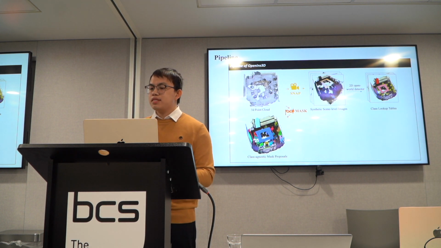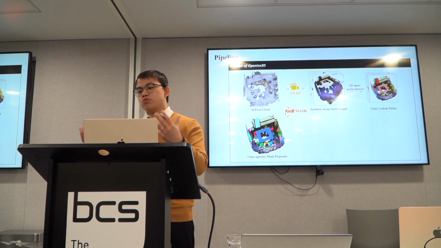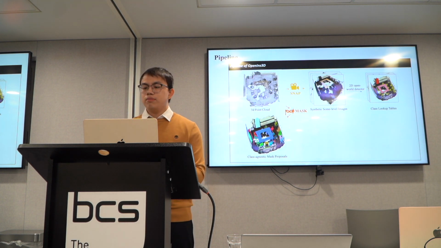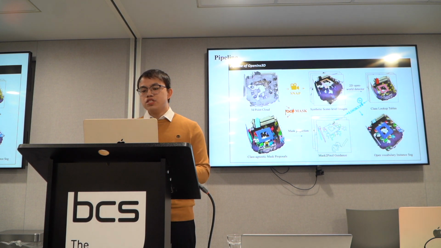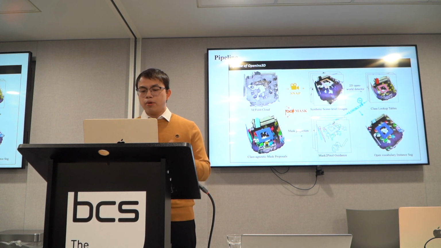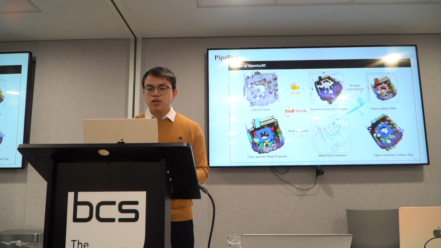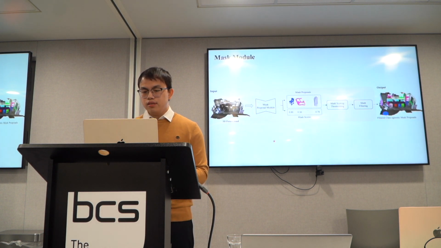Those images are understood by a 2D open world detector, and we store those results in a closed-class lookup table. Eventually, we look through that class lookup table to assign a label to your proposed masks from the first stage, and it yields the final open world instance segmentation result. We'll dive into each of the modules in the next slides.